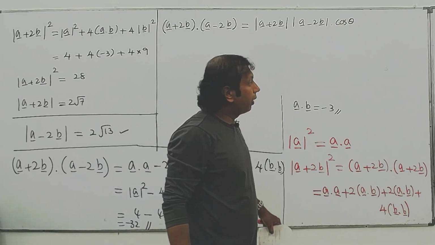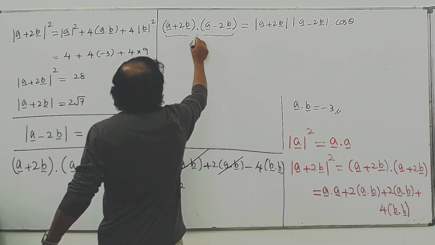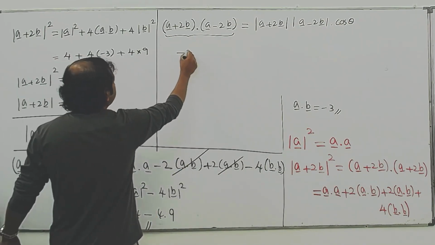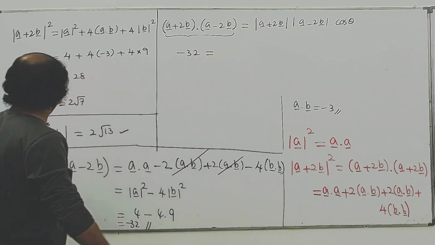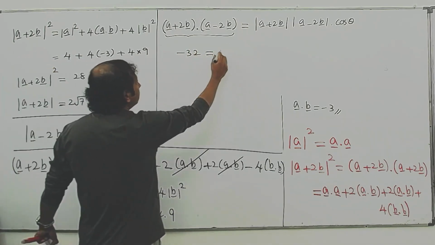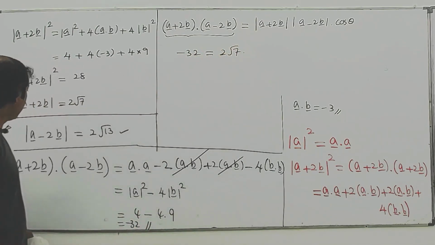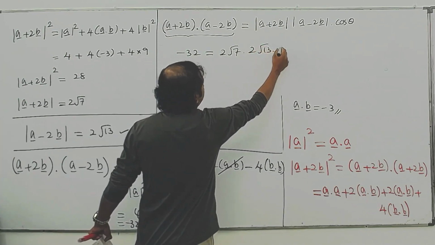Okay. Now, this we found: minus 32. A plus 2b modulus, people, here, 2 root 7. A minus 2b, 2 root 13, cos theta.